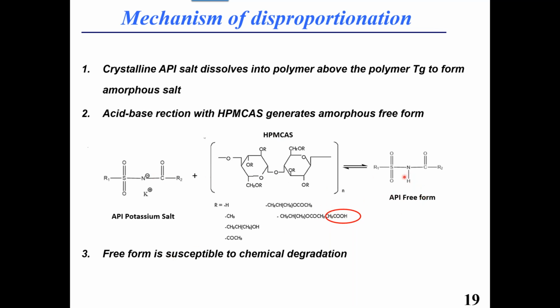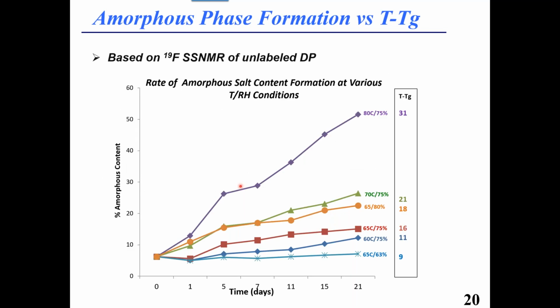And the free form, by virtue of having this hydrogen back, is susceptible to chemical degradation. So you may ask, how do we really know that the crystalline API dissolves into the polymer, and how do we know that it's this HPMCAS that drives the acid-base reaction? I'm going to give you proof on the final two slides before wrapping up.